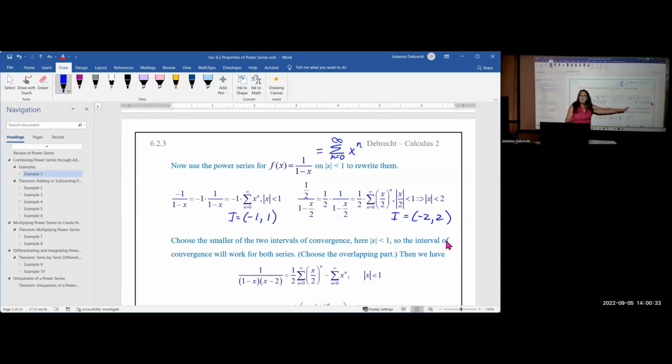Well, -2 to 2 is a wider interval, and -1 to 1 fits inside of it. If you want to look at these on the number line, you can look at them here. So there's 0, 1, 2, -1, -2. So -1 to 1 fits here, and -2 to 2 fits here.